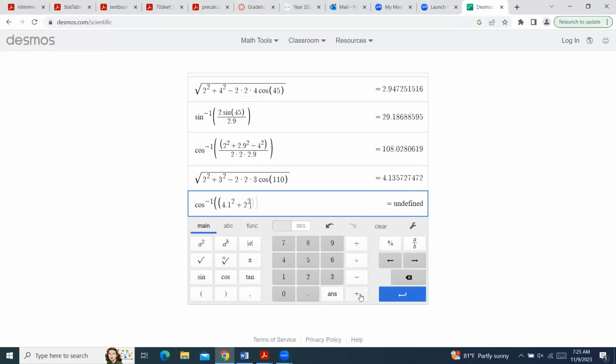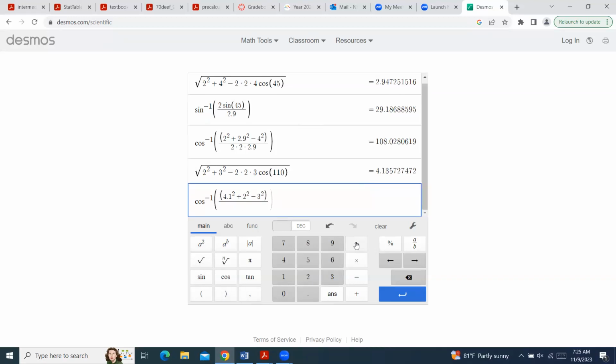The other exercise will be pretty much the same exact thing. And that's a good part about it. So put parentheses and then divide this by 2 multiplied by 4.1 and times 2.